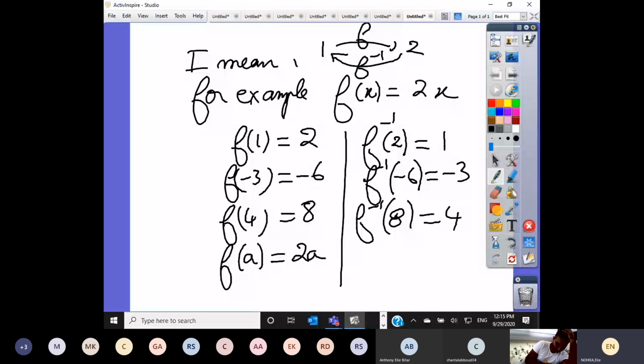It is denoted by f minus 1. f minus 1 of 2 is 1 and f minus 1 of minus 6 is minus 3. This f minus 1, my dear friends, is not minus 1 like subtracting 1. It's a symbol, nothing more, f minus 1, to signify that we found the inverse of f.